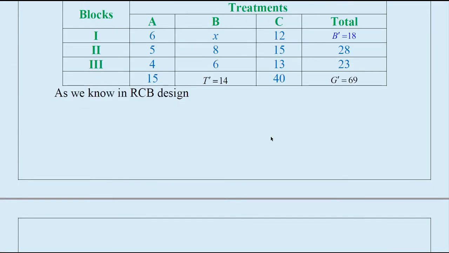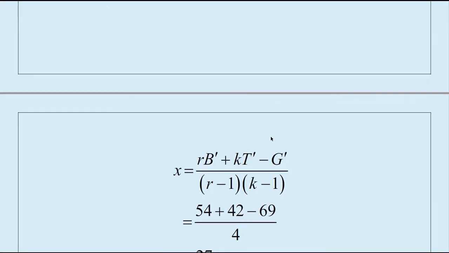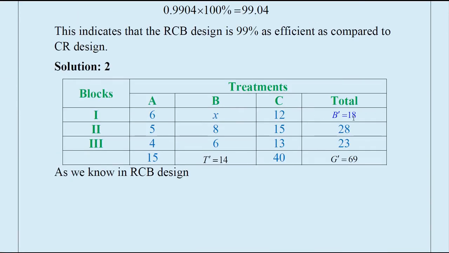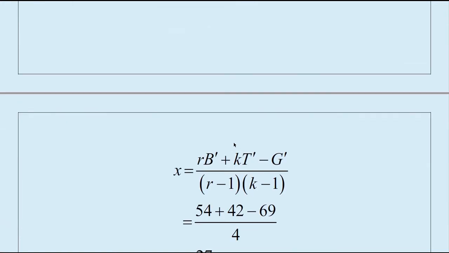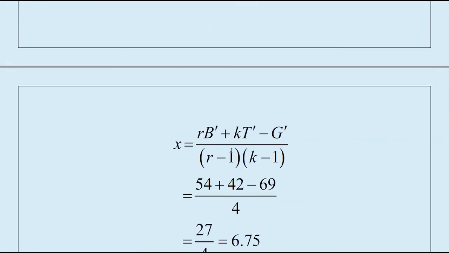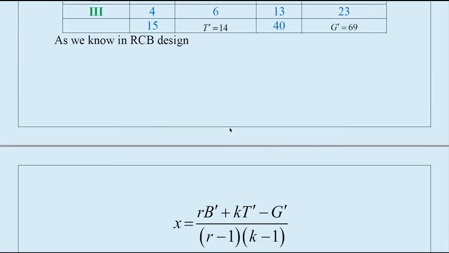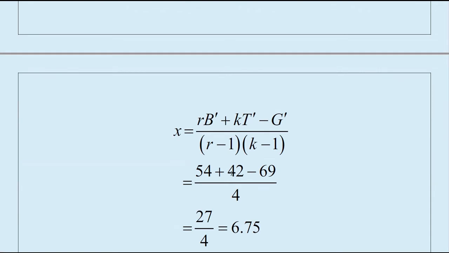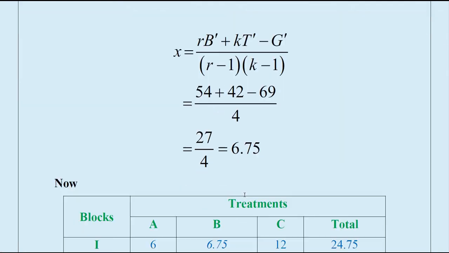So B prime is 18 and R is 3, 54. K is 3 and T prime is 14. After multiplication 14 by 3, 42, minus G prime is 69, over R minus 1, 3 minus 1, 2, K minus 1, 3 minus 1, 2, 2 multiplied by 2, answer is 4.